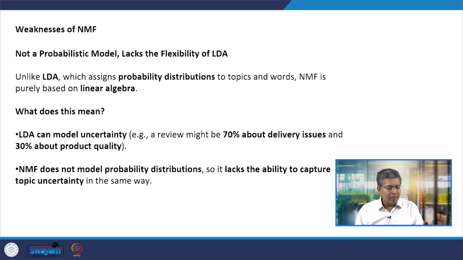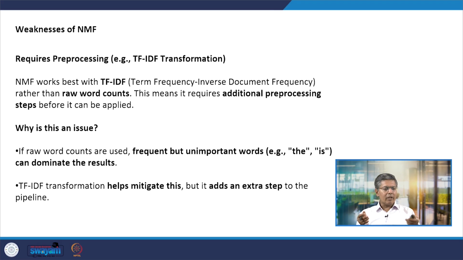But NMF does not model probability distributions, so it lacks the ability to capture topic uncertainty in the same manner. That was the advantage with LDA: it was telling you that the probability of delivery is 70% and the remaining 30% is maybe about product quality. NMF does not do that, so it cannot capture certain uncertainties in the topic.